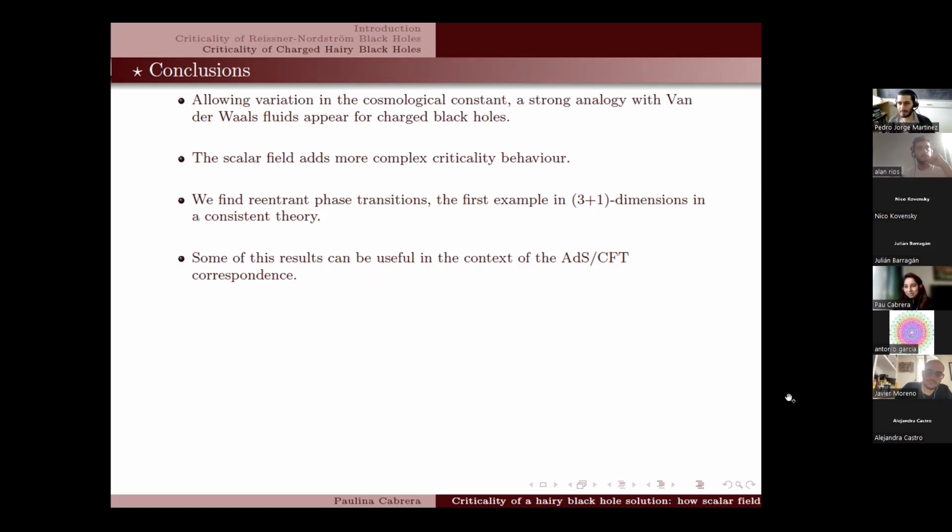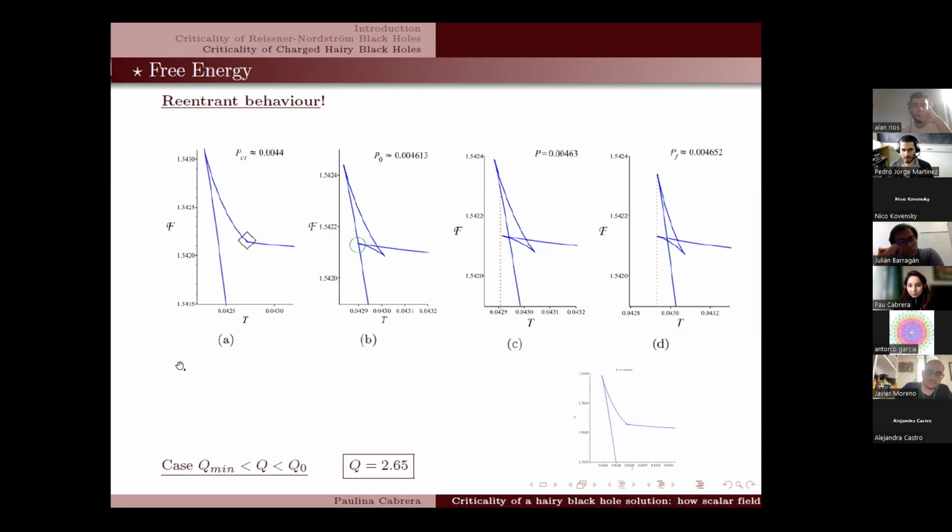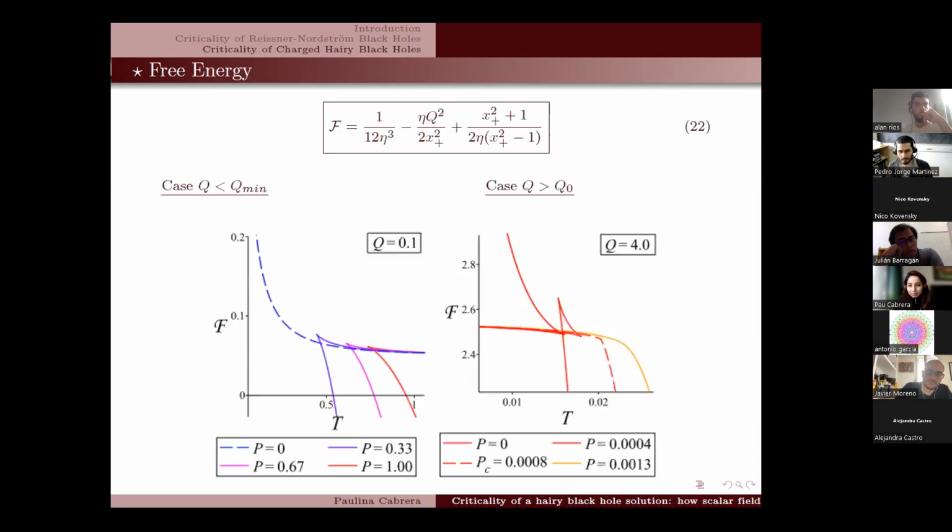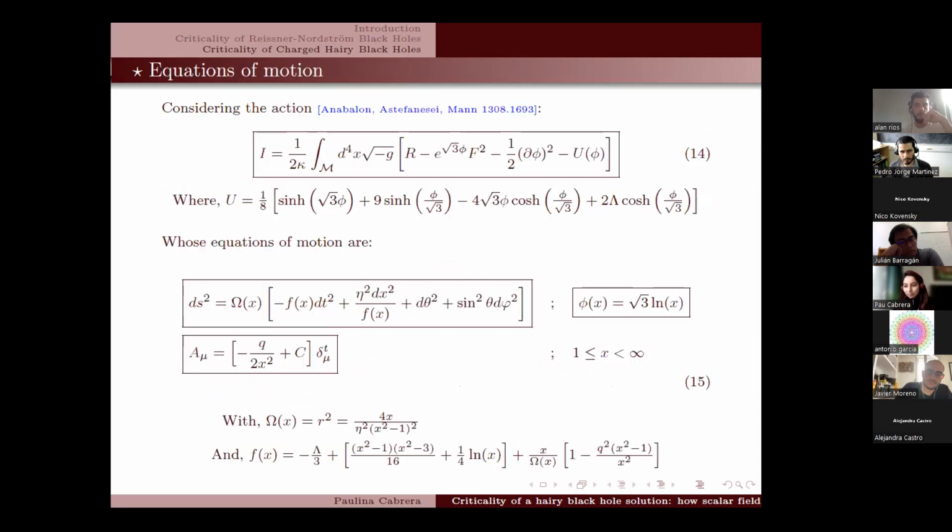Hi, Paulina. One question. Maybe you don't know, but can you go back to the model you have solved? You had the action and the potential for the scalar field. Great. Yes, that one. Do you have an idea of what that profile looks like?